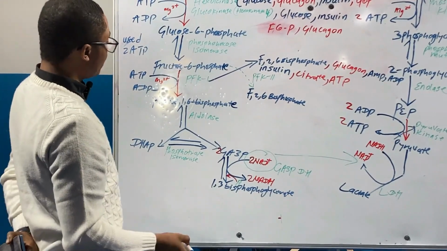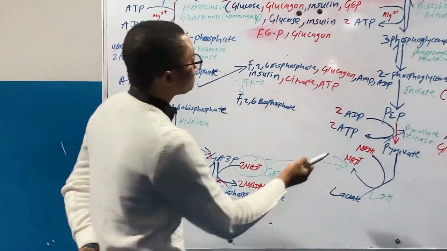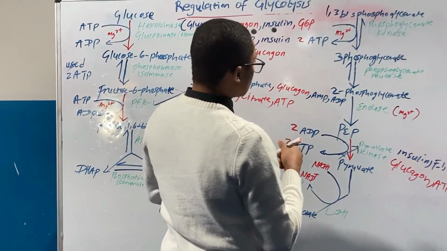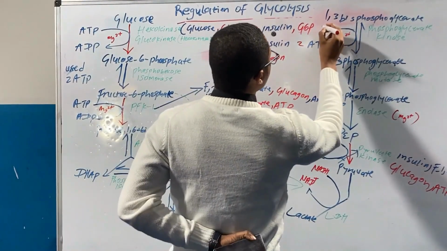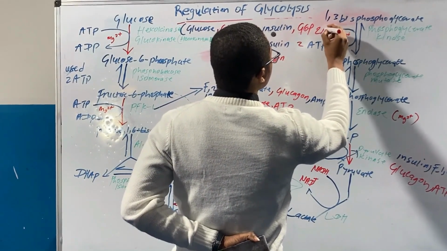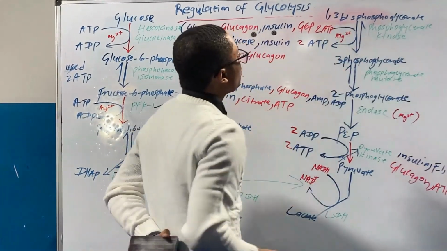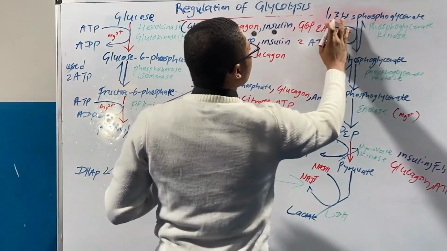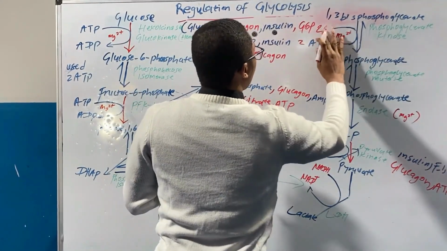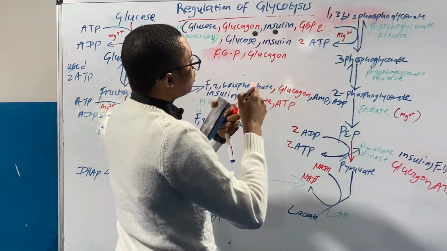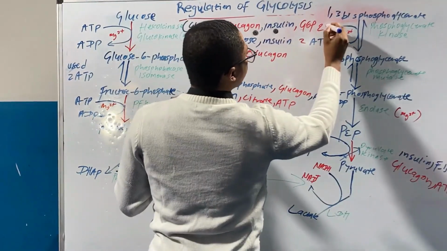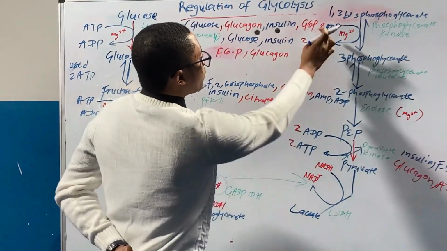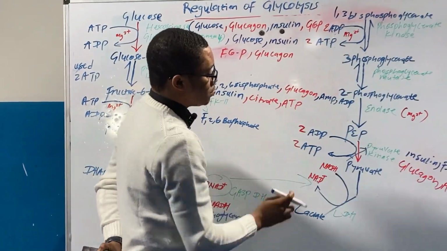In step 6 and in step 9, we produced 2 ATP respectively. So 2 ADP are phosphorylated into 2 ATP. We produce 2 ATP here, and 2 ATP here.